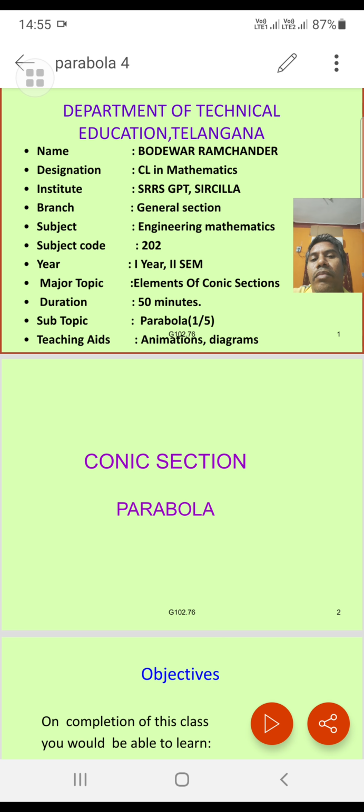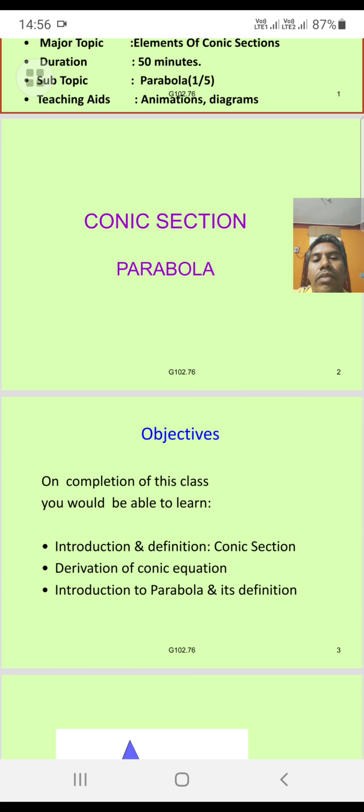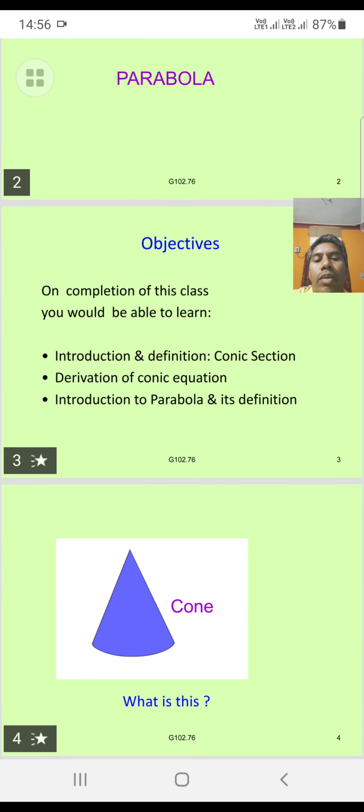So if you understand this, you can easily know the remaining forms, and we can do the problems on the parabola.